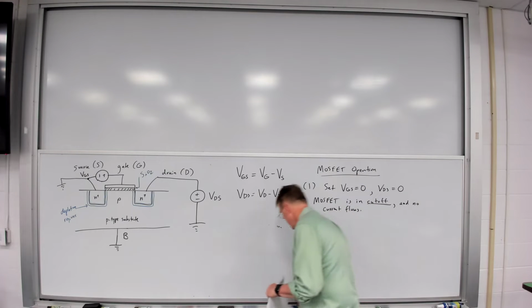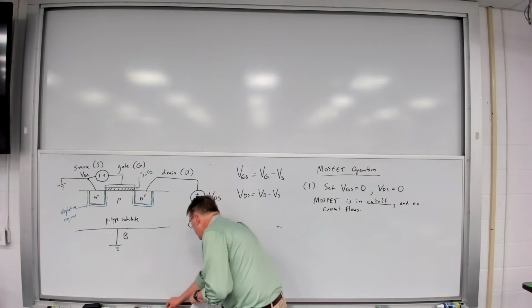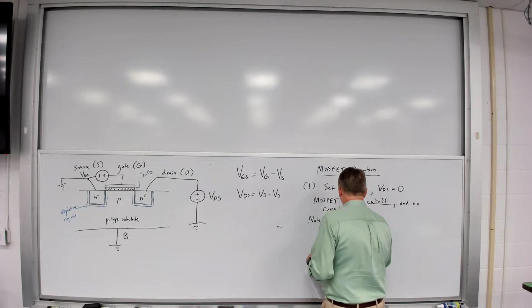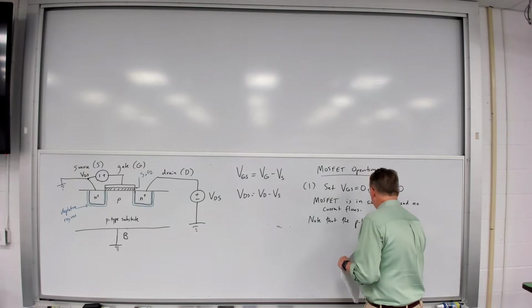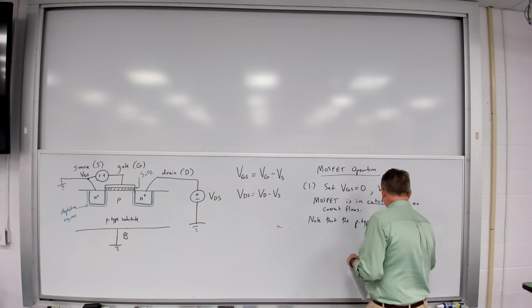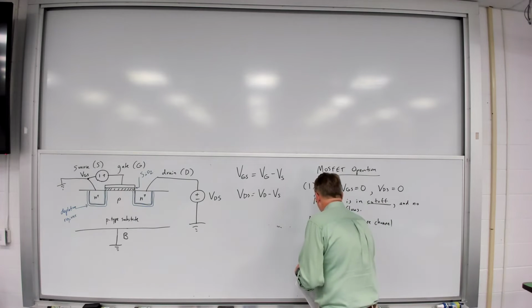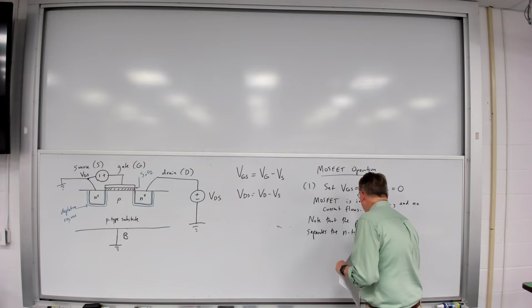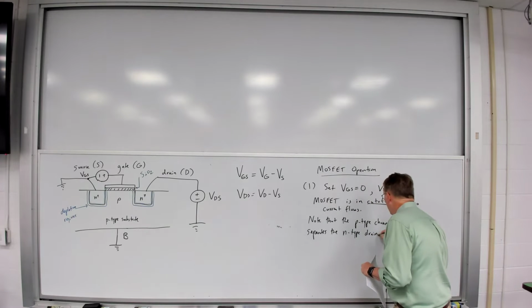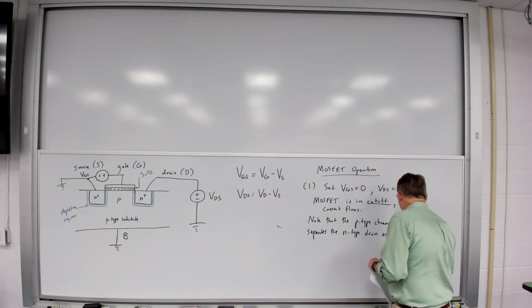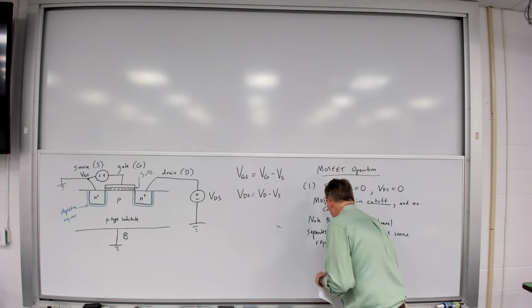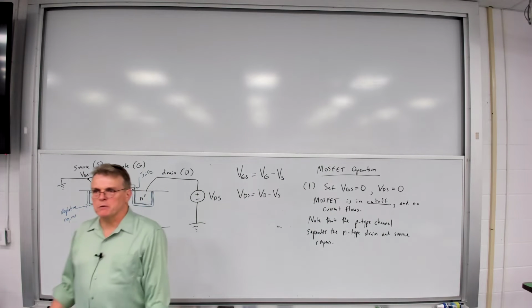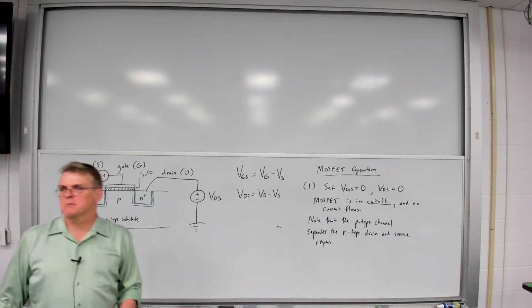So we note that the P-type channel separates the N-type drain and source regions, and it's literally like two back-to-back diodes.